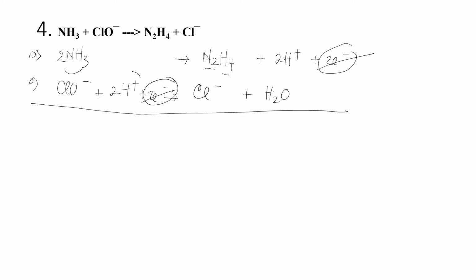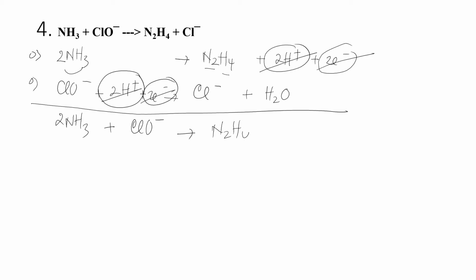The number of H plus the same, cancel out. So what we have is 2NH3 plus ClO minus to be N2H4 plus Cl minus plus H2O.